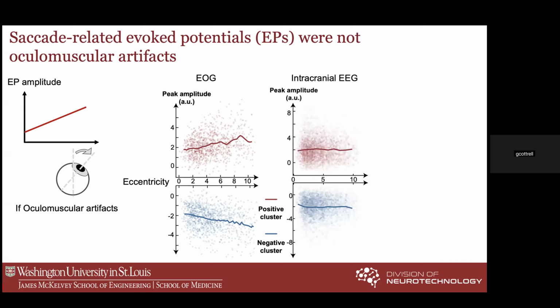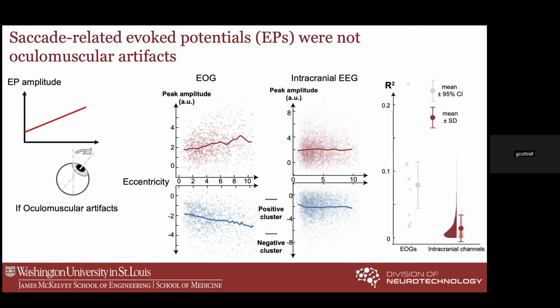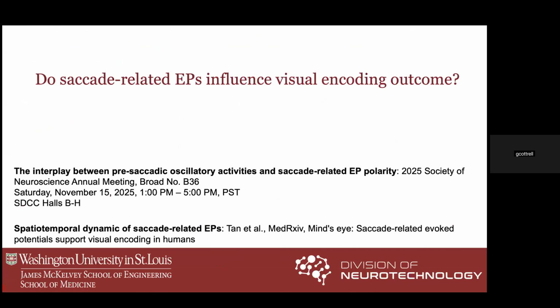However, in our intracranial signals, we do not find such a relationship. In fact, the eccentricity only explains less than 1% of the evoked potential peak amplitude, and the right part is a summary of our results. So here I confirm the existence of saccade-related evoked potentials in humans.